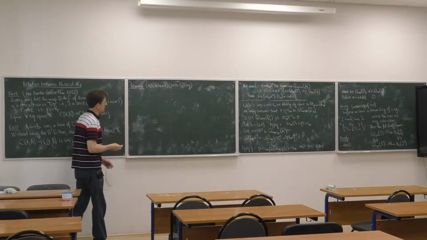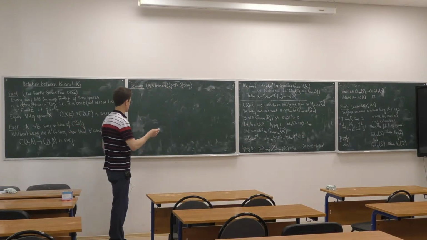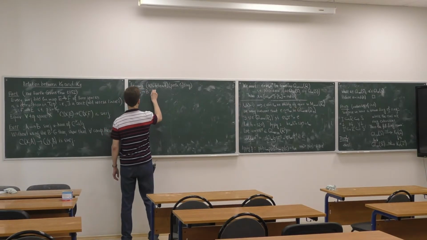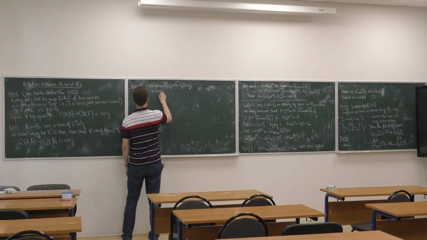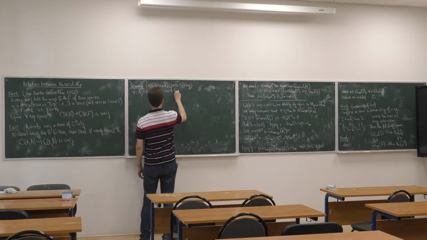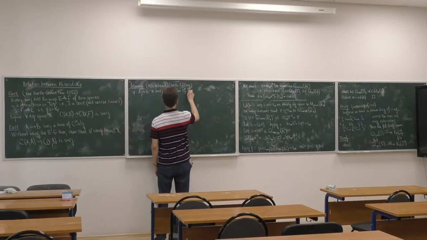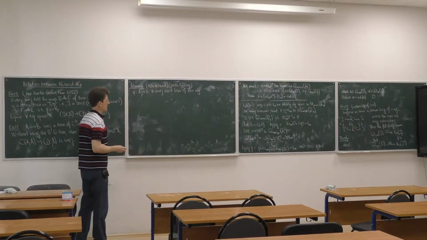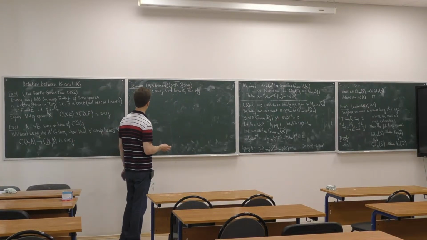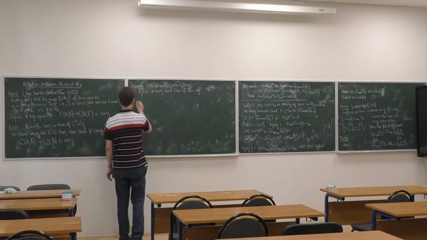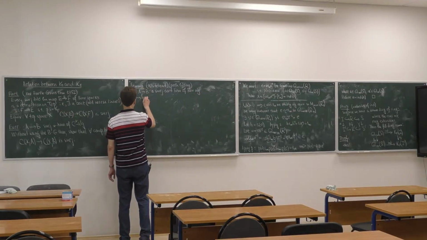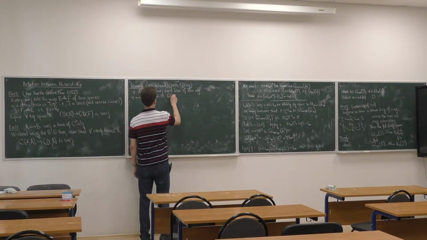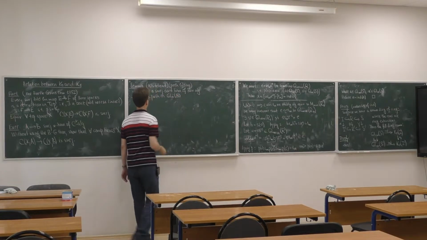Suppose we have a surjective continuous homomorphism of Banach algebras φ from A onto B, and suppose we have a path in GL_n of B, denoted by b_t.